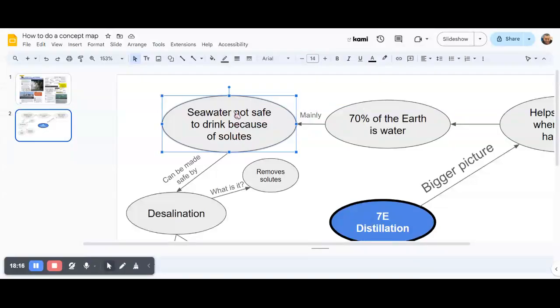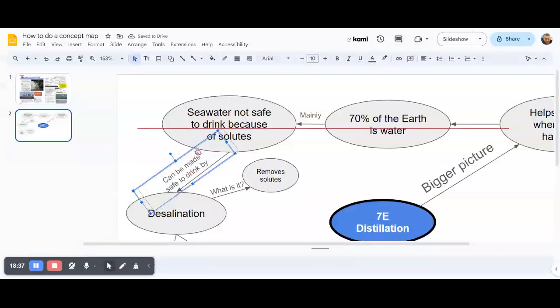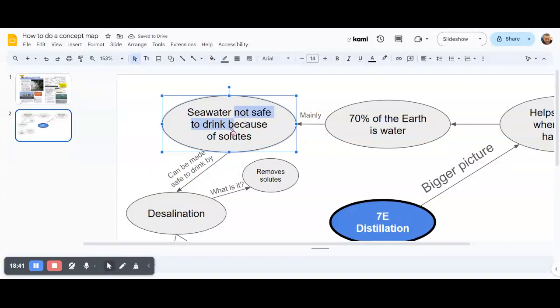And now what I could do is think about this fact over here, where I've got seawater not safe to drink because of solutes. Now I'm looking ahead, and I'm thinking, can be made safe to drink by, and then if I have that, I could actually cut out this part here.